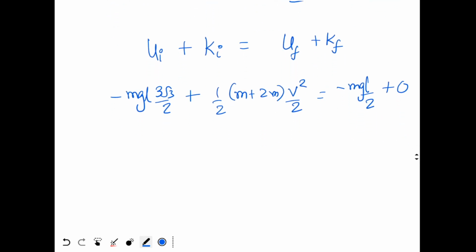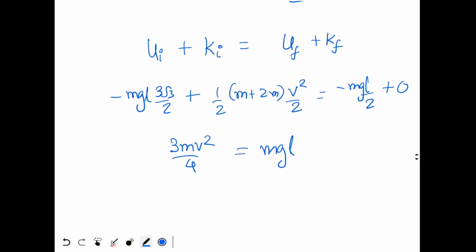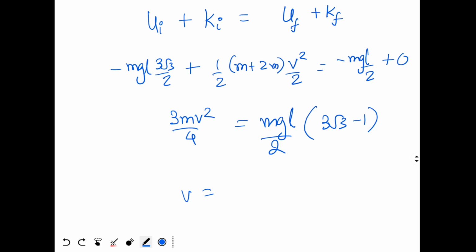Okay, so 3mv square by 4 is equal to mgL by 2 into 3 root 3 minus 1. I took this on the other side. So I get from here that v will be equal to, okay, m will get cancelled out, so I will get root of 2gL by 3 into 3 root 3 minus 1.